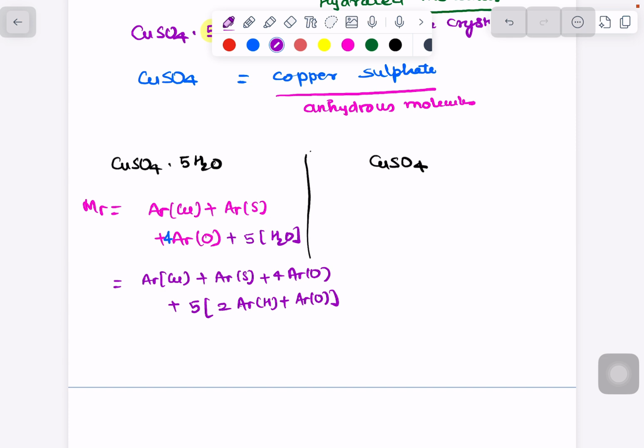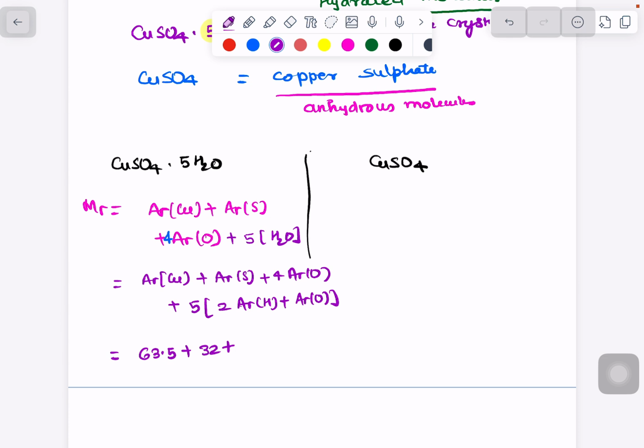You can open the bracket, multiply and put it together. Instead of doing it, I'm just going to put the atomic masses here and add them together. So copper is 63.5, sulfur is 32. You don't need to remember them because you're going to get a data book with the paper. There will be a periodic table in the data book. If you are in IGCSE, then you'll get a periodic table with the question paper.